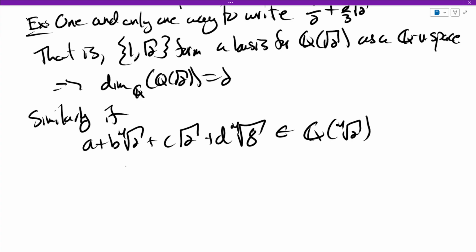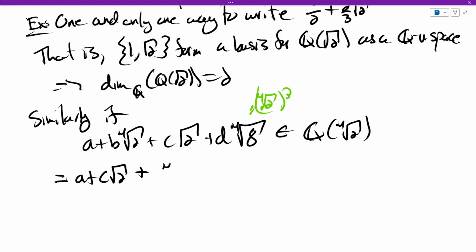We can write this element as a plus c root 2 plus, and I'm going to factor out a fourth root of 2. Keep in mind, this guy here is the fourth root of 2 cubed, right?